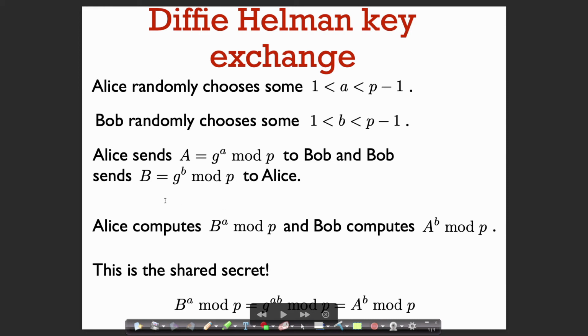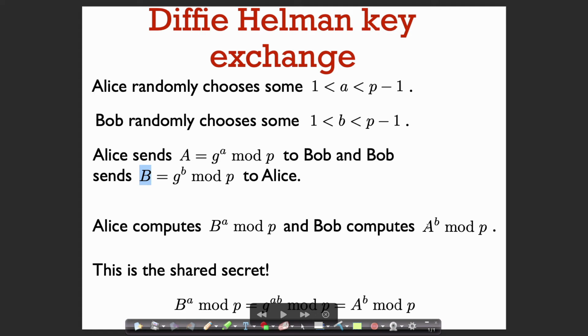And so Alice receives capital B from Bob, and then she raises that to her secret, so she raises that to the power a modulo p. Again, this is something that's easy for Alice to do. And Bob does the same thing.